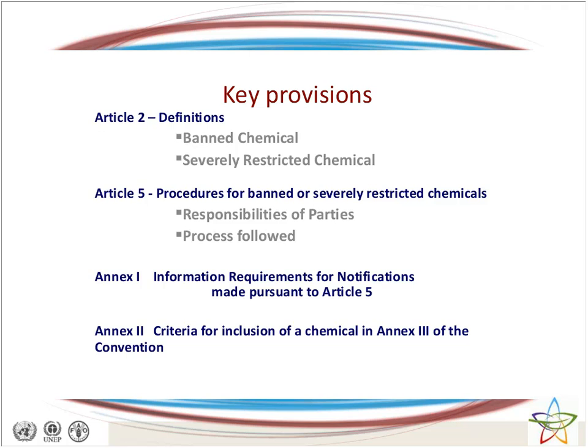And this is a very important annex because, as you will see later on, the Secretariat will check the notifications received for completeness against the information requirements of this annex. And then the Annex 2 criteria for inclusion of a chemical in Annex 3 of the Rotterdam Convention, because, as you will see, the notifications play a key role for the listing of chemicals under the Rotterdam Convention.